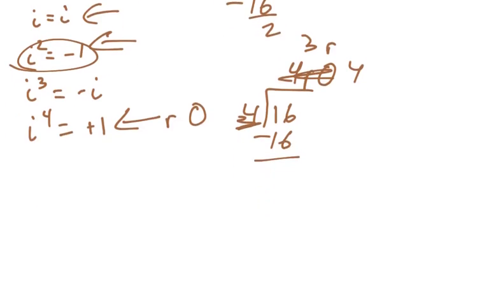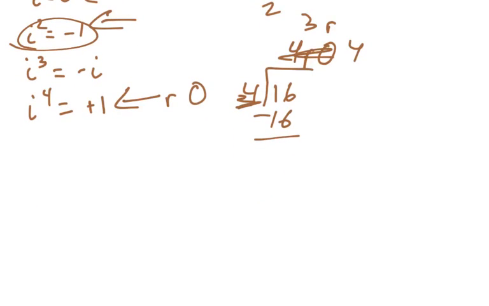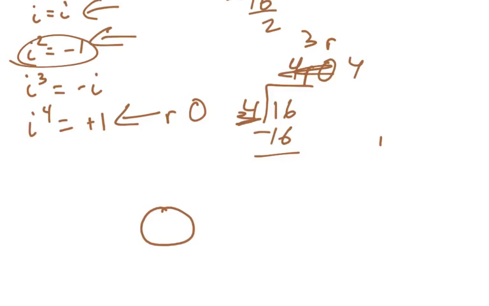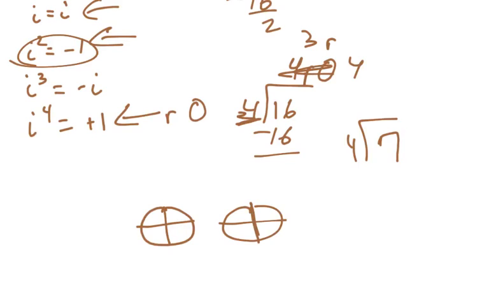Another way of thinking about this is, let's do something like 7 divided by 4. What we're saying is, how many times can we cut it up in a circle into 4s if I have 7 pieces?